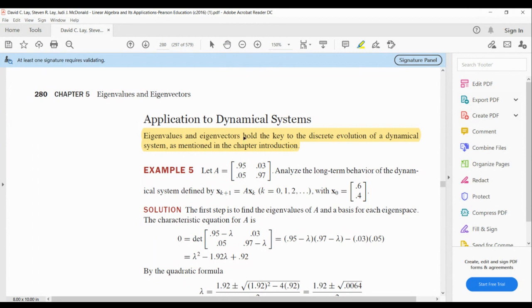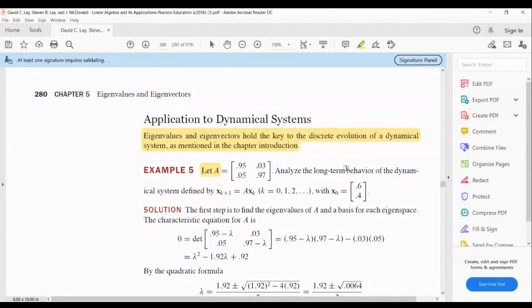And they talk a little bit here in example 5, they give a matrix A. Notice what's true about the columns of the matrix A. What's true about the columns in example 5? Okay, you'll notice they sum to 1. So it's a stochastic matrix.